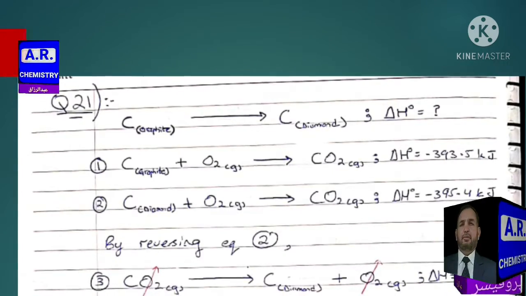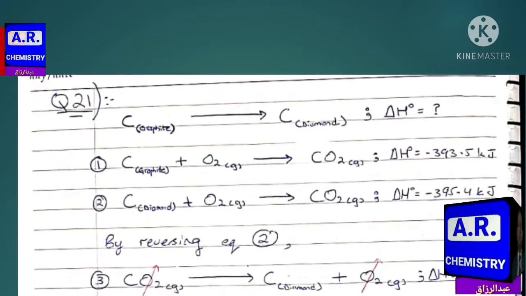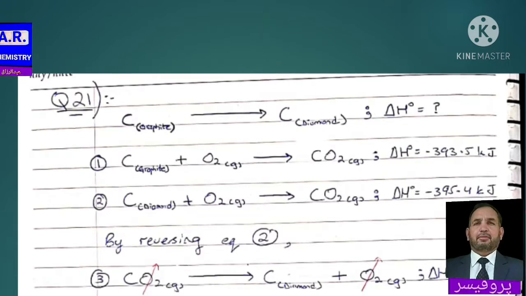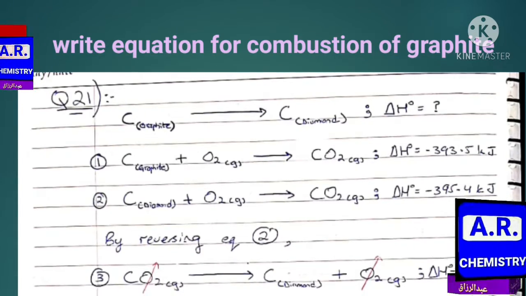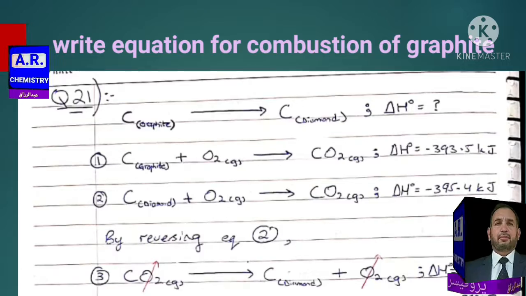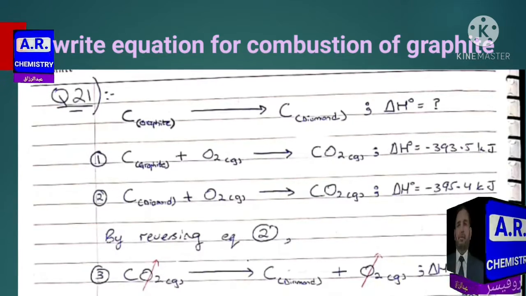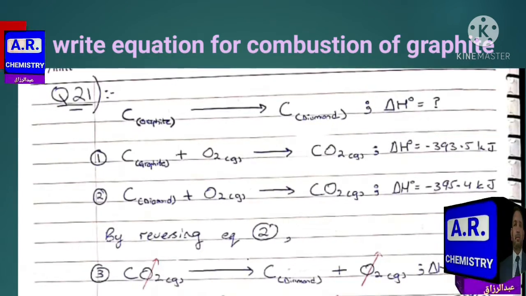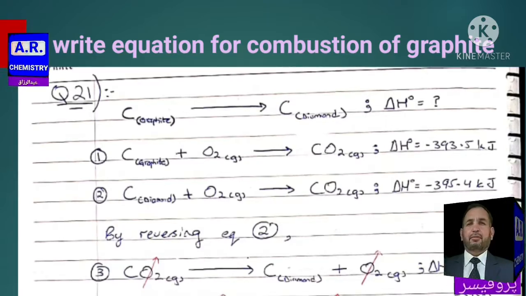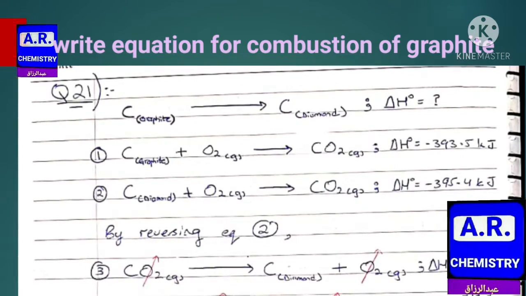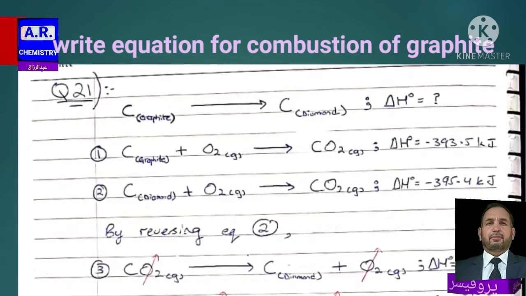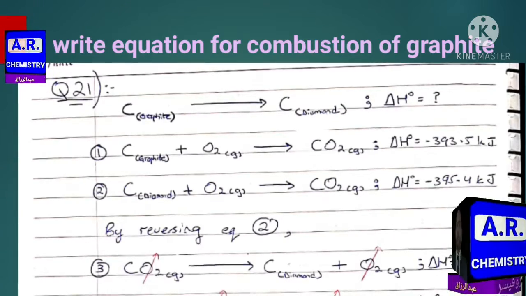So after writing this equation, you are to write equations which have been given in your problem, and this data is manipulated so that we can get the equation which we have just written.